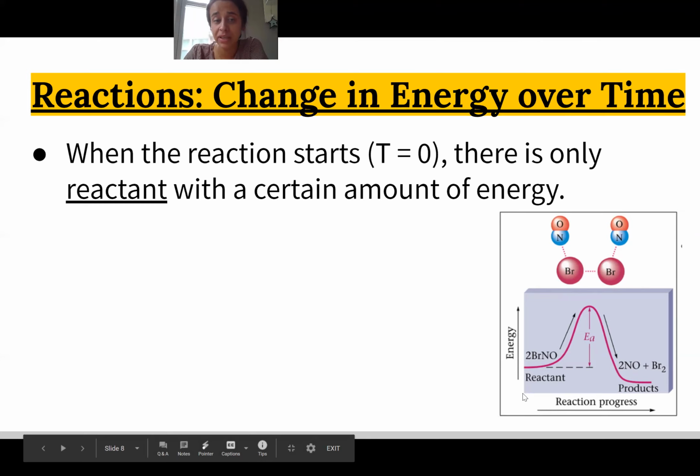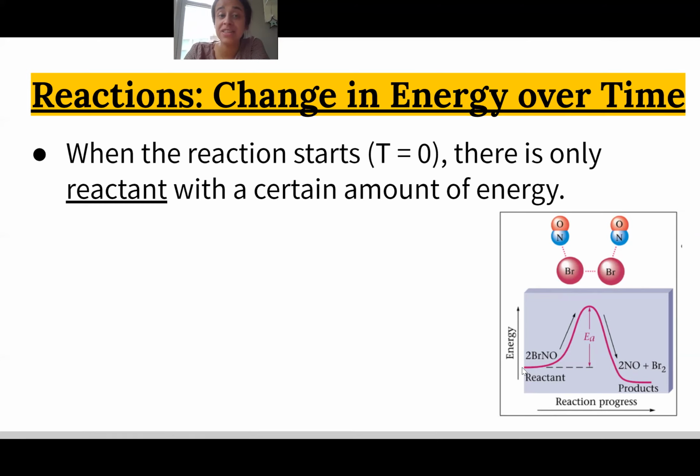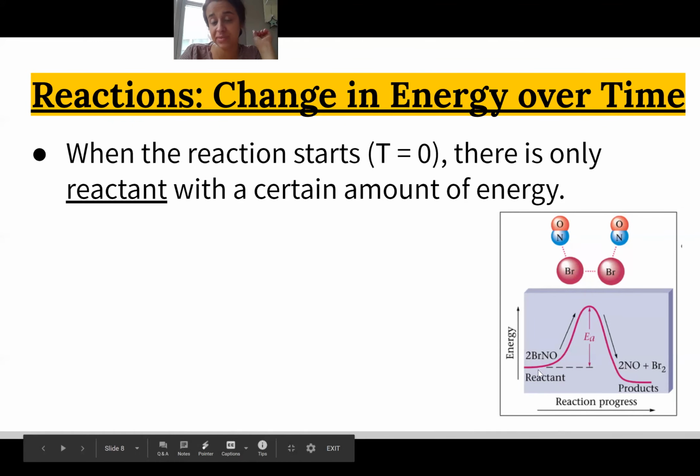When time equals 0, there's only reactant with a certain amount of energy. So reactant starts here on our reaction progress versus energy graph. The reaction is going to start here where the line starts. This should make sense that there's only reactant, because at time 0 the reaction hasn't even really started yet. So we have only reactant at this point.